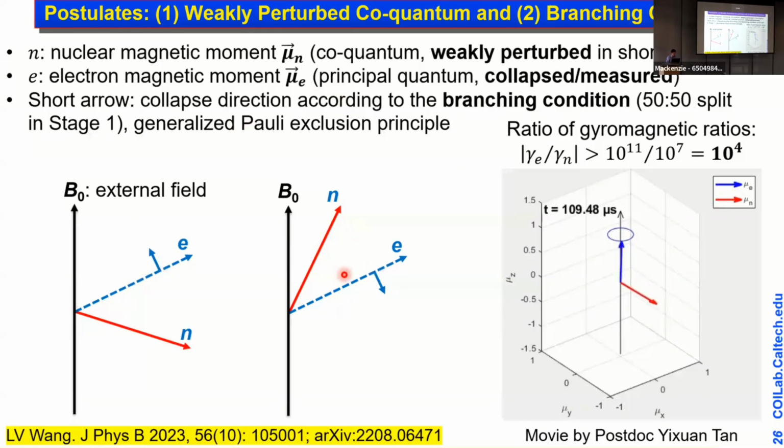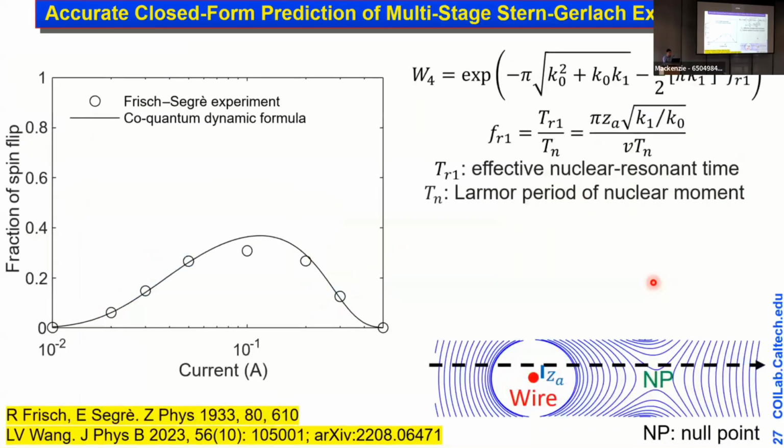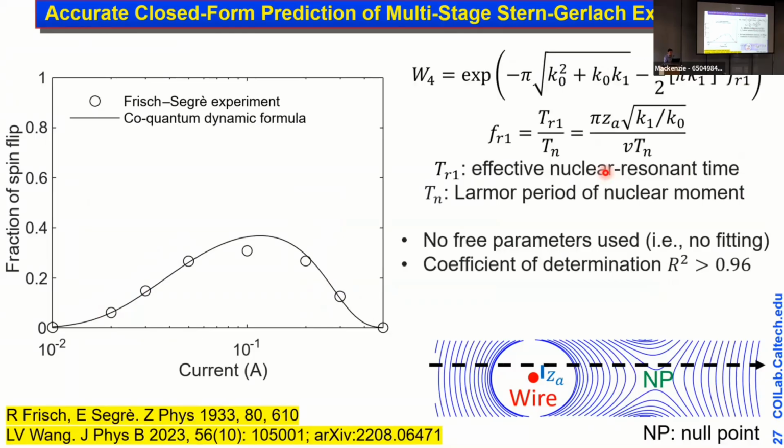So there are 2 different situations you can see here. This movie demonstrates the precession frequency difference. So using this method, we got an incredibly good match with the experimental data. We'll not get into the details of the equation here. We're not using any free parameters. There's no fitting. The R squared is very high.